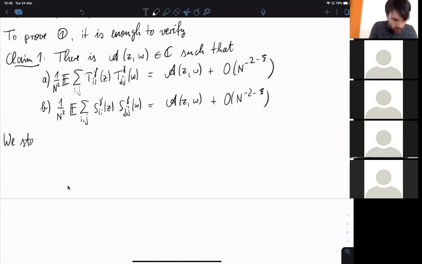We start with A, and the idea is, you remember in this Lindeberg proof of the central limit theorem there were two ingredients. There was this telescopic sum argument, and then to estimate each summand of the telescoping sum, we used Taylor's theorem.